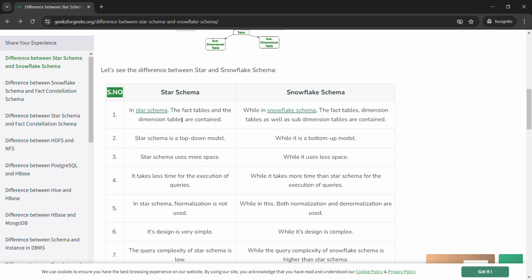While in snowflake schema, the fact tables, dimension tables as well as sub-dimension tables are also contained. Star schema is a top-down model and snowflake schema is the bottom-up model. Star schema uses more space while snowflake schema uses less space.